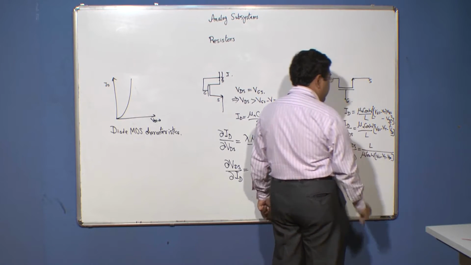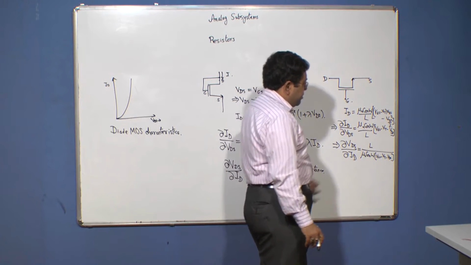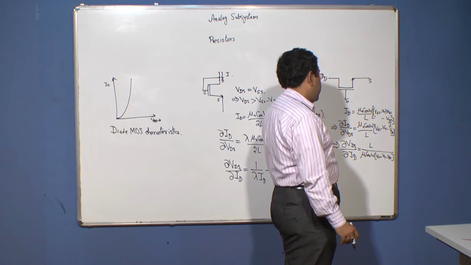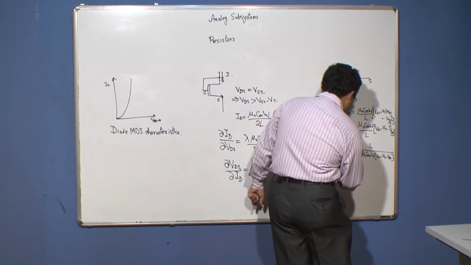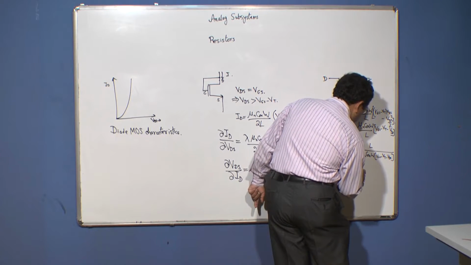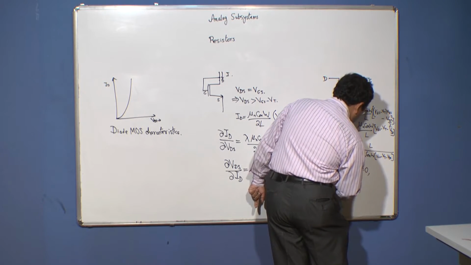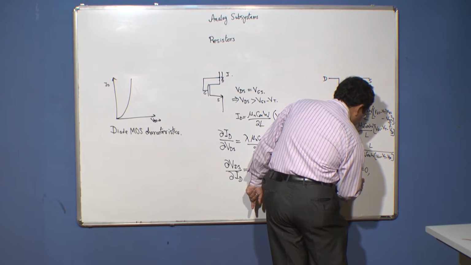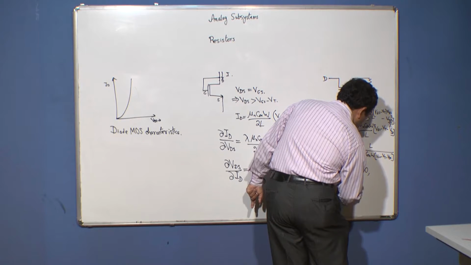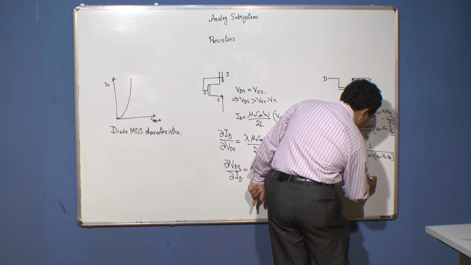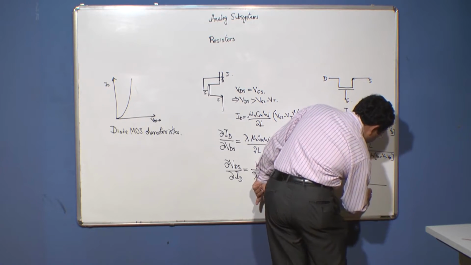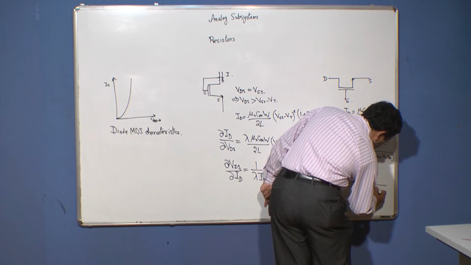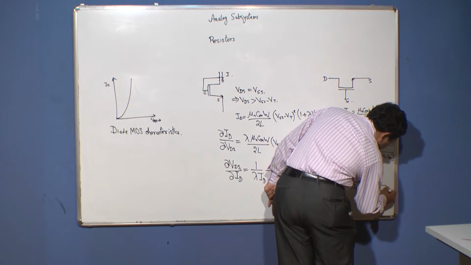Now, from this equation we get the minimum voltage needed to turn on this resistance. So, if VDS equal to 0, then we have del VDS del ID equal to L by mu n COX W into (VGS minus VT).